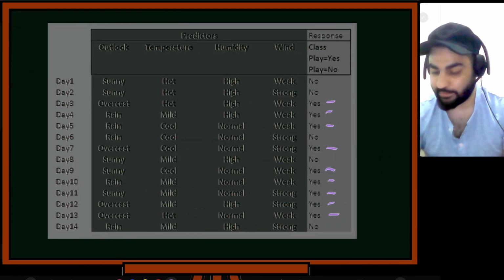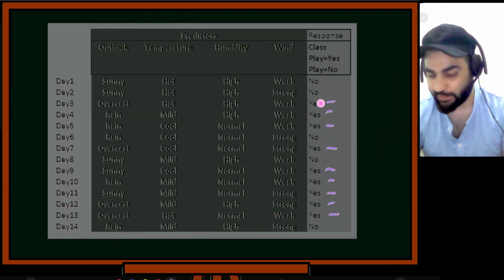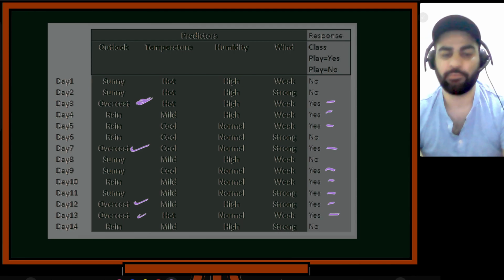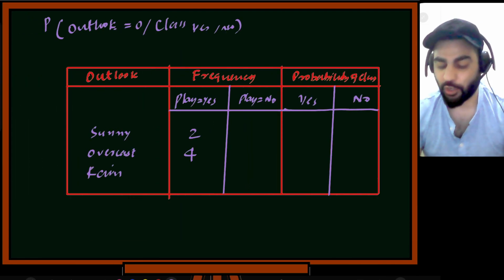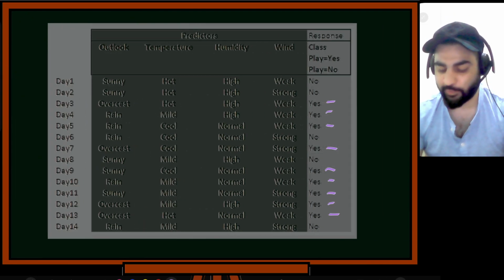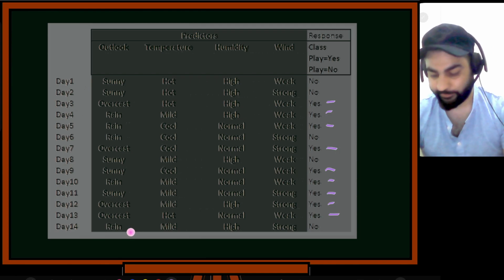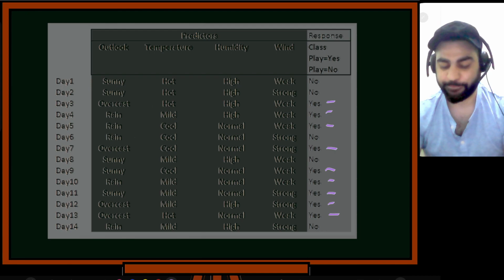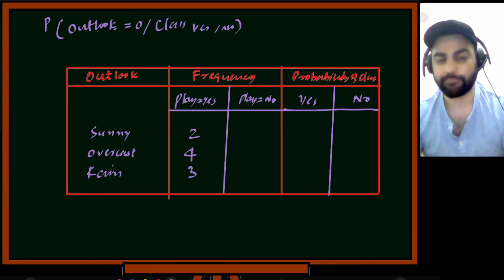Yes is on these, so I'll just mark these. Overcast is for this, and this is also yes. So it is 4. Now how many values for rain? So see, for rain and yes. Here this is no. So yes and yes. How many values are there? 3.